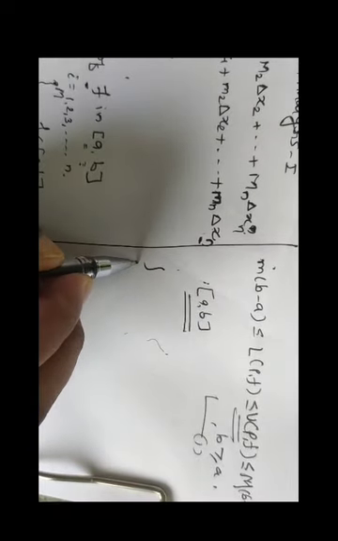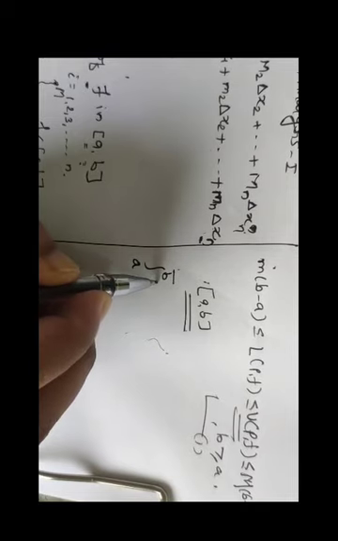The infimum of the set of upper sums is called the upper integral, and the supremum of the set of lower sums is called the lower integral over the closed interval [a, b]. We write the upper integral from a to b of f dx, which is the infimum, the greatest lower bound, of the set of all U(P,f) such that P is a partition of the interval [a, b].